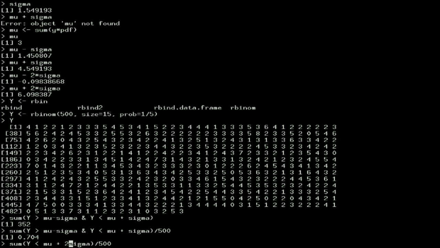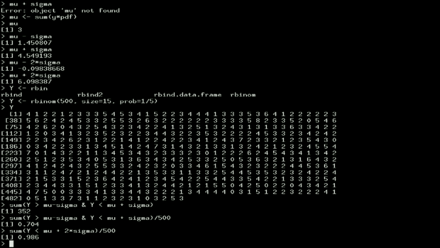If we look at the values between 2 standard deviations above and below, again, it's pretty close to what we would expect. In our sample, we get about 98% of the students within 2 standard deviations of the mean of our distribution.